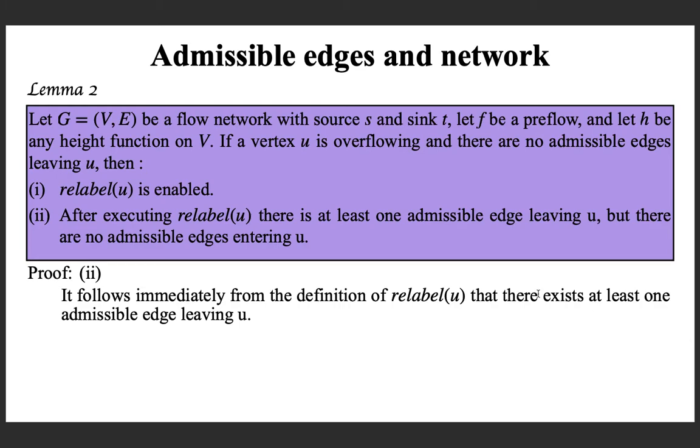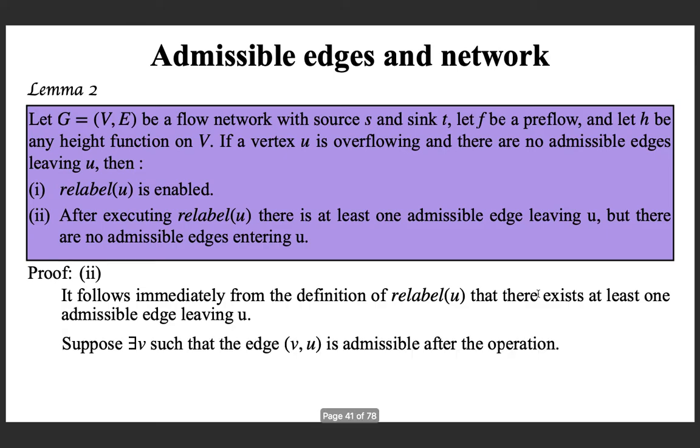You get a height which is 1 more than the minimum height adjacent vertex. So there must be a vertex after relabeling such that the edge is admissible, because you are getting the height of U as 1 more than the height of B. So the height of U is equal to 1 plus the height of B, which is exactly what you need for an admissible edge.